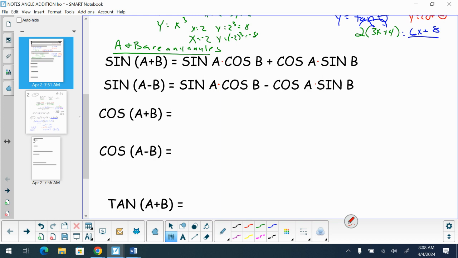We have the sine of a plus b is the sine of a times the cosine of b plus the cosine of a times the sine of b. And when you deal with subtraction, sine of a minus b, it's the exact same thing except the plus in the middle turns into a minus. So you have sine a cosine b minus cosine a sine b. Once again, we're going to be dealing more with just applications.